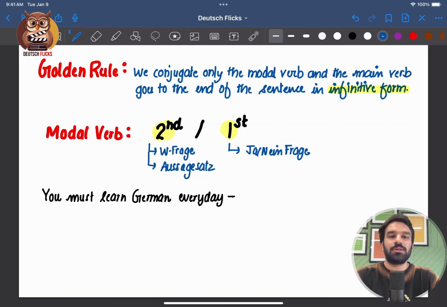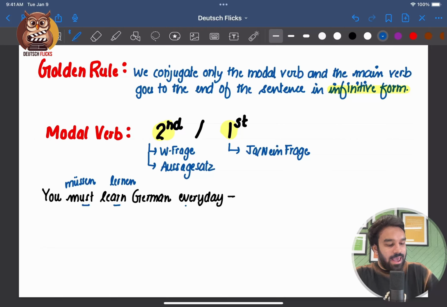Okay, let's do the translation step by step. So this is must, so I have to use the verb müssen. Then this is the main verb, which is called lernen. Every day we say jeden Tag.